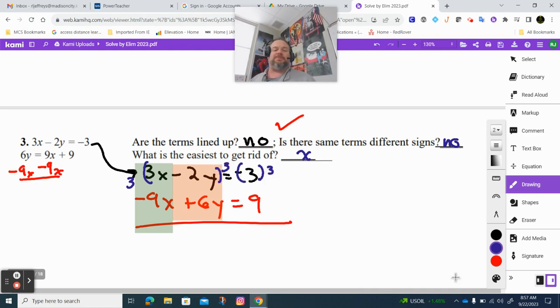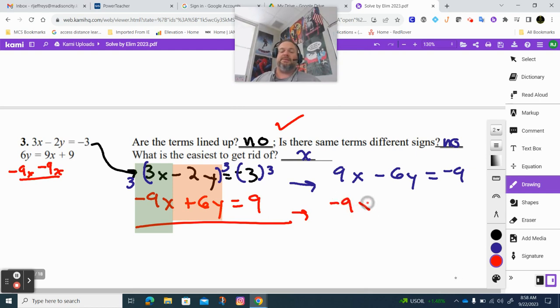All right, so if I multiply everything by 3 on the top, now I have 9x minus 6y equals negative 9. I know some of y'all were like, I would have divided. Listen, you could have actually divided by 6 right at the beginning and used substitution, but then you're going to have bad fractions and sometimes they take a little bit more work.